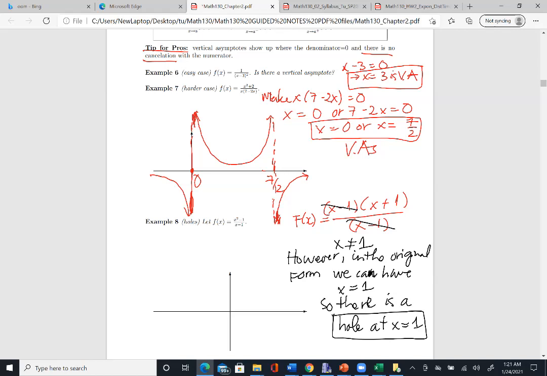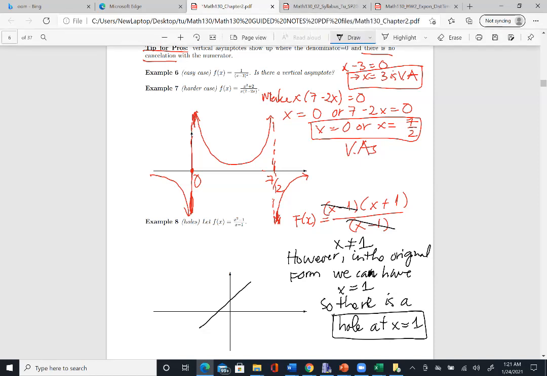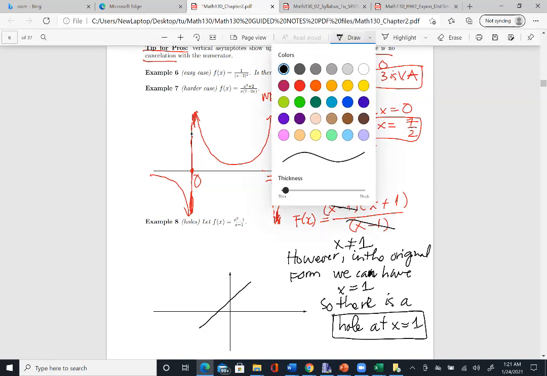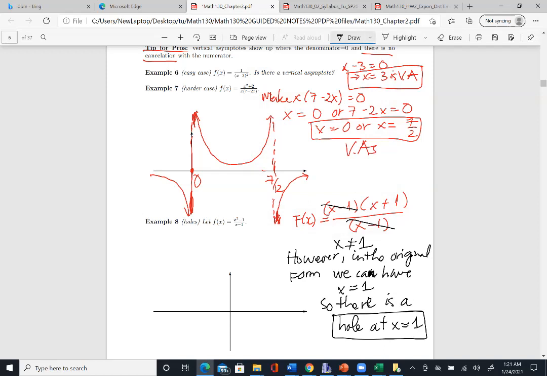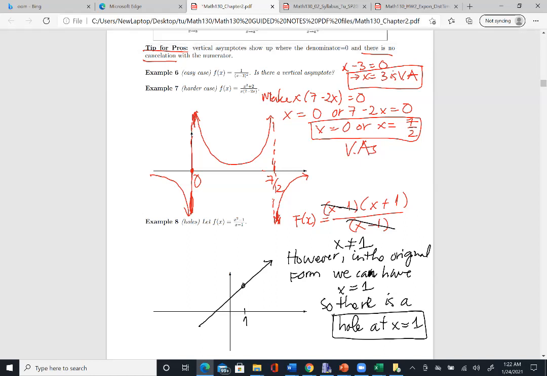The graph actually looks like a line, exactly a line, like this. However, this line will have a hole at x equal to 1. So here is 1, hole here.